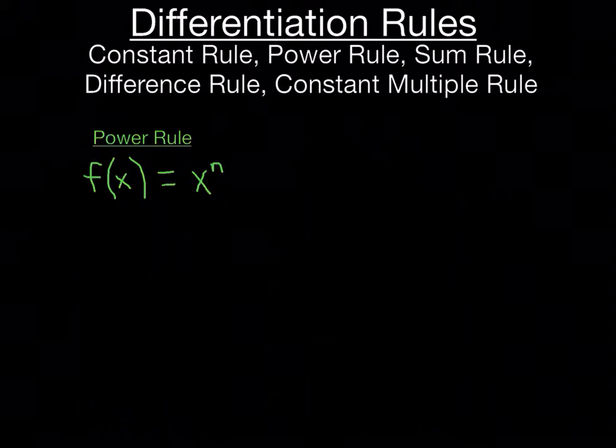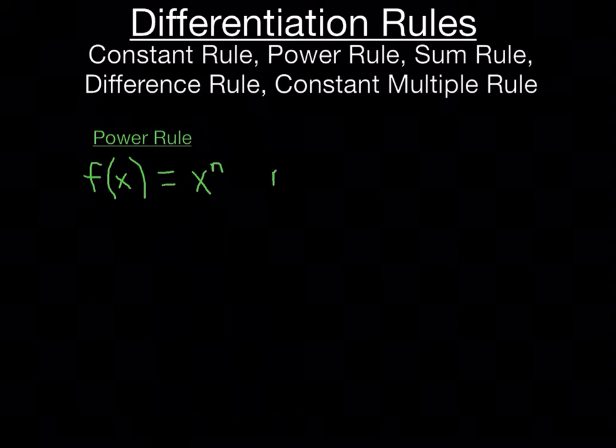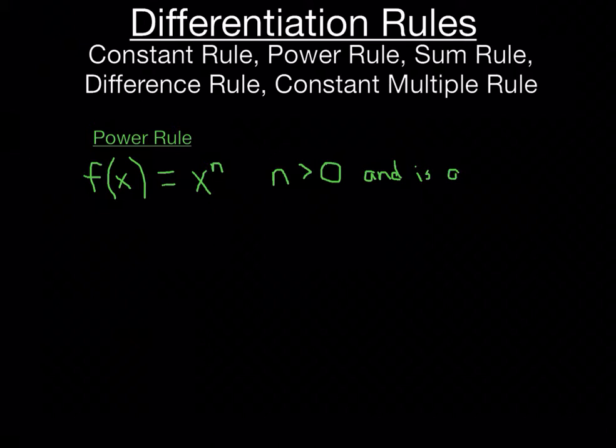The next rule that we want to take a look at is the power rule. So if we have a function f of x is equal to x to the n power, now I will say here that n is a positive integer, so n is greater than 0, and is an integer.